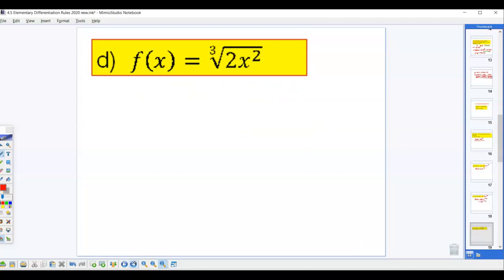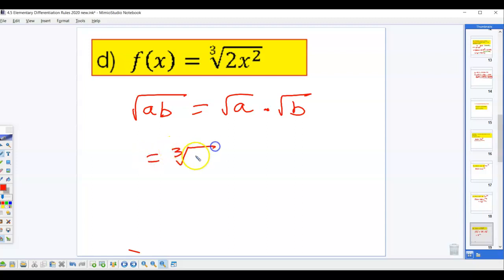This question here is a little bit trickier, and this goes back to our rule that if we have two numbers being multiplied under a radical, that is really the square root of a times the square root of b. As long as our indexes are the same, I can multiply radicals. So I'm going to break this one up. This one is a cube root. So I'm going to make this the cube root of 2 times the cube root of x squared.